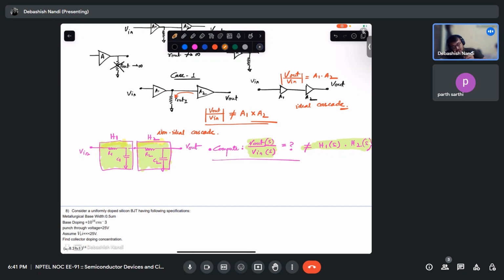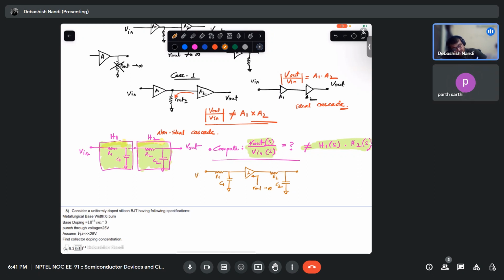Okay, so what is the way out? Generally people use a buffer inside. It's a unity gain amplifier with infinite output impedance. This is looking like R out is infinite.